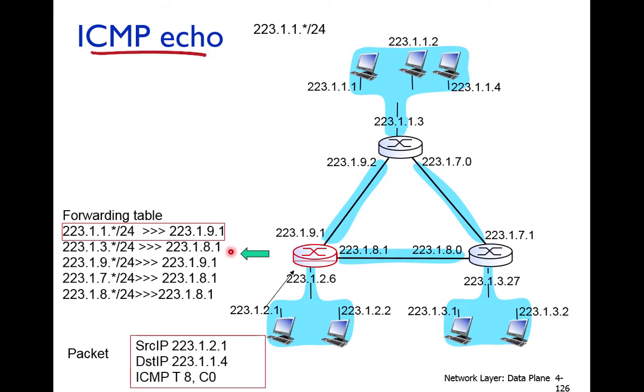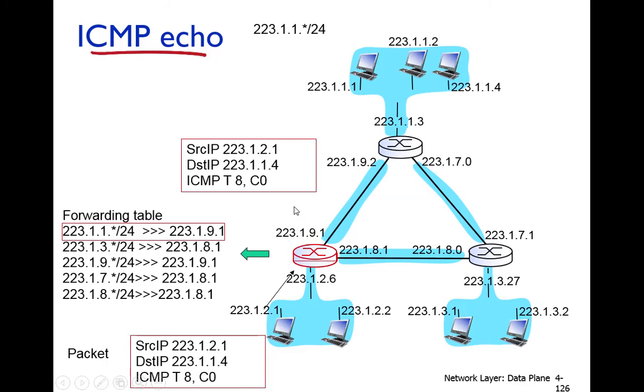If the route is available, it finds the best route. Suppose this destination IP address matches the first entry. Okay, so the packet is forwarded to this router, and this router further forwards the packet to the destination.